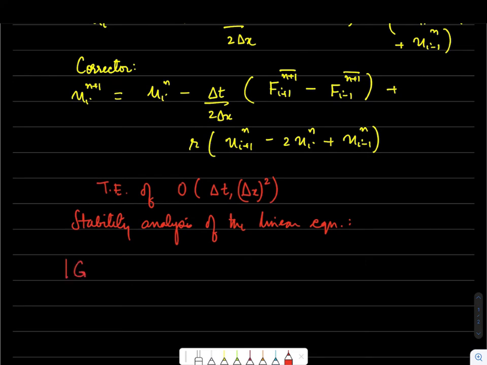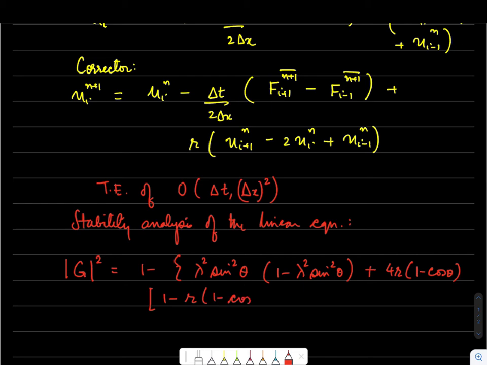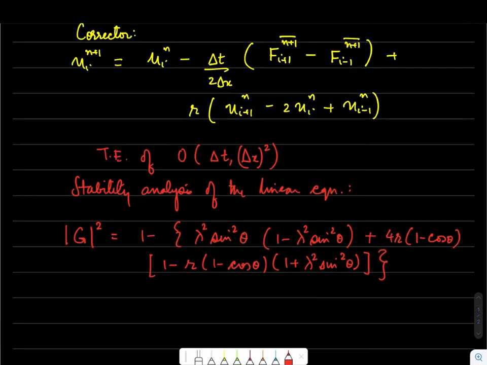The modulus of the amplification factor square is (1 minus lambda square sine square theta) times (1 minus lambda square sine square theta plus 4r (1 minus cosine theta)) times (1 minus r (1 minus cosine theta)) times (1 plus lambda square sine square theta). And for obvious reasons, for stability, we want this number to be less than or equal to 1.